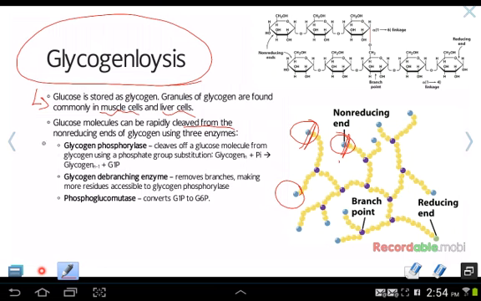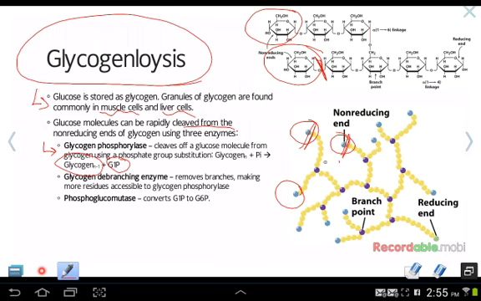So the first enzyme, glycogen phosphorylase, is going to cleave at these non-reducing ends using a phosphate group substitution at C1. So we'll get a phosphate group to cleave here at C1 to give us glucose 1-phosphate and a glycogen that is short 1 glucose molecule.